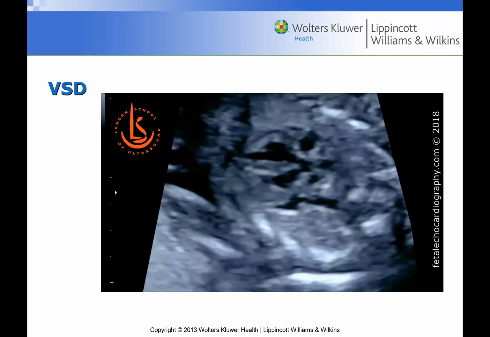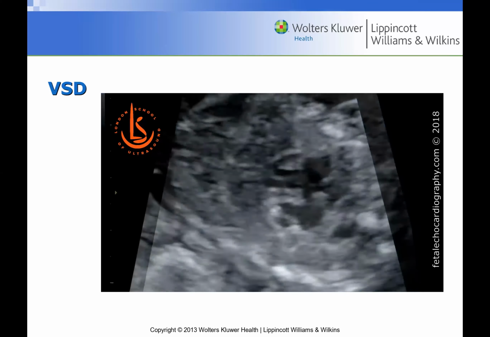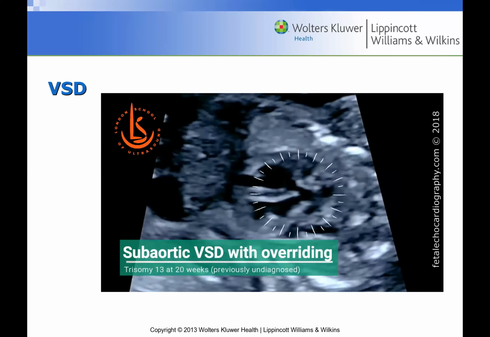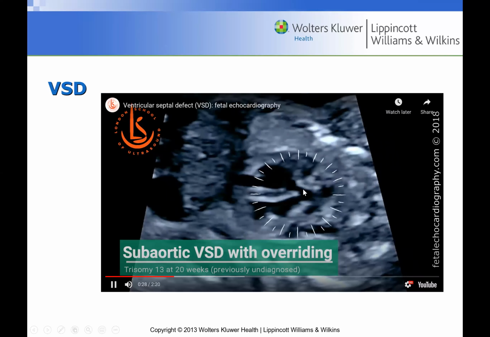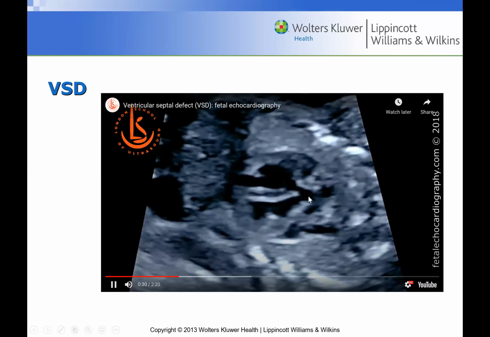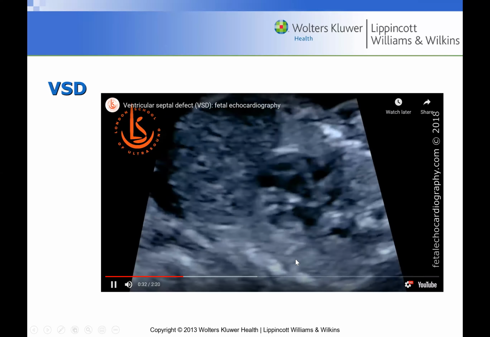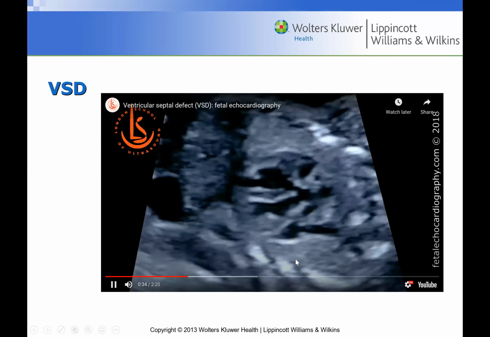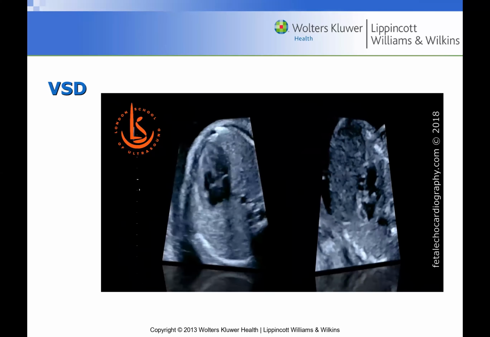These make me nervous, the subaortic VSDs, because they're very, very difficult to diagnose. The best way to diagnose it is in a 5th chamber view where you're looking at the LVOT.